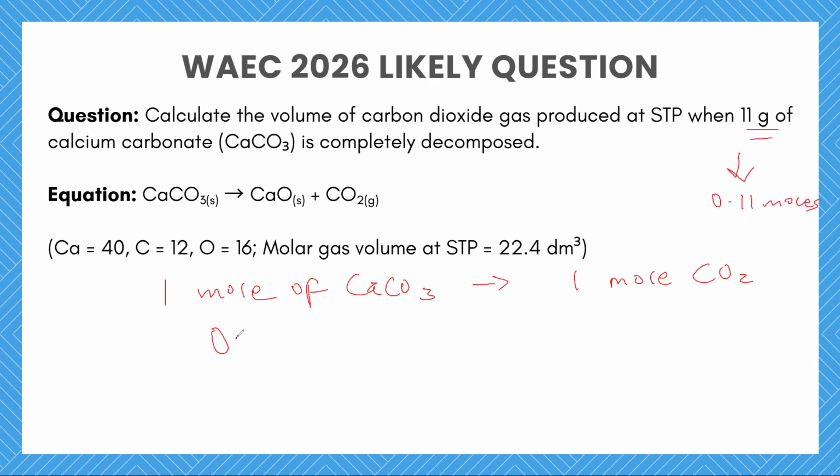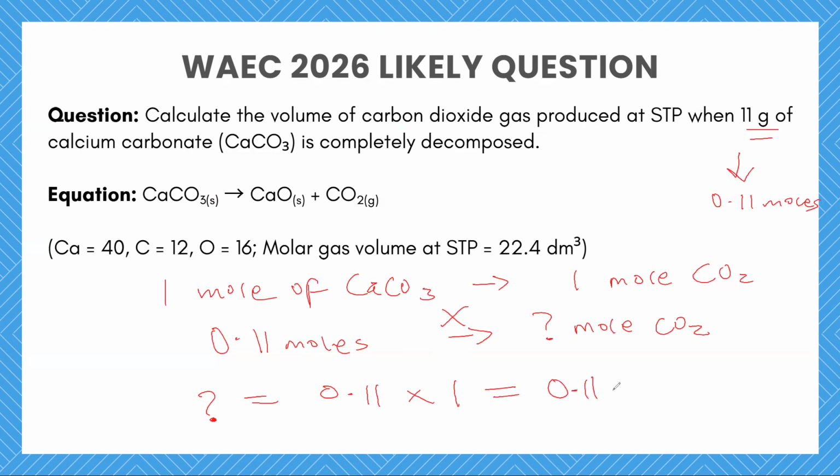So therefore, 0.11 moles will produce an unknown number of moles of CO2. If we cross multiply, the unknown number of moles of CO2 will be equal to 0.11 times 1. So therefore, we have 0.11 moles of CO2 produced.